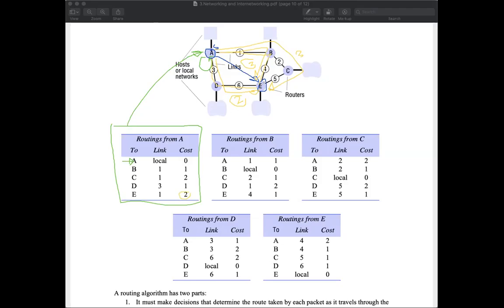So we're talking about E, so cost would be 2. You can pick either link 3 or link 1. In that example it has given link 1, so that means they have picked this path. Likewise you can update all the routing tables.